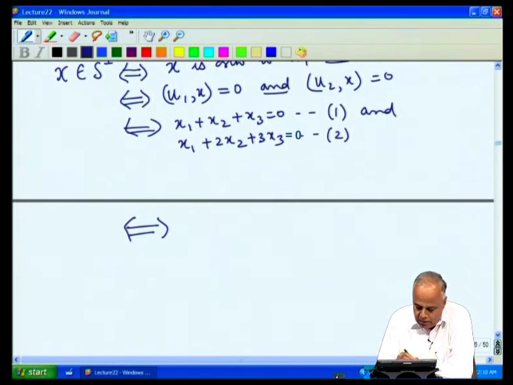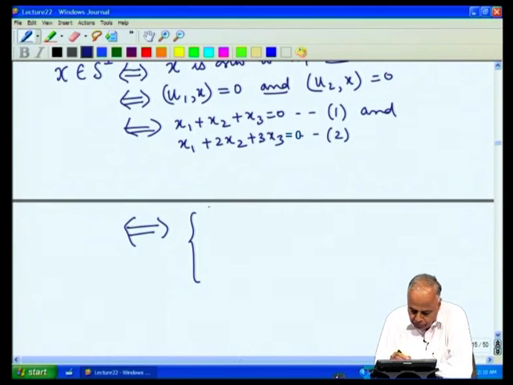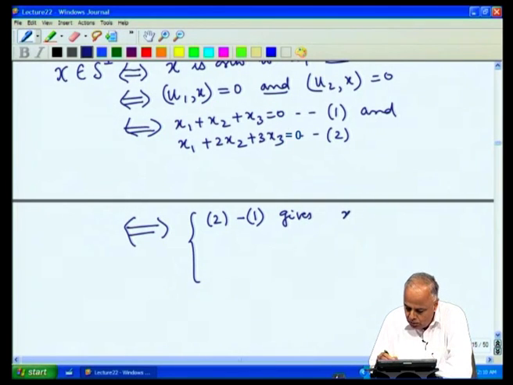So, what does this tell us? If we now subtract the first equation from the second equation, it gives x 2 plus 2 x 3 is 0, or x 2 is equal to minus 2 x 3.